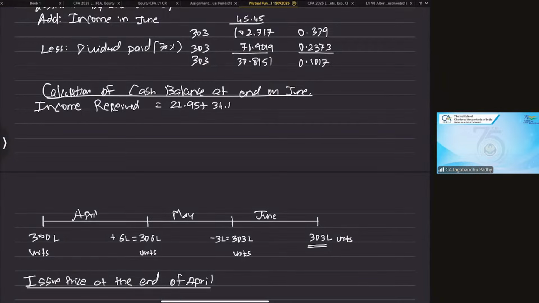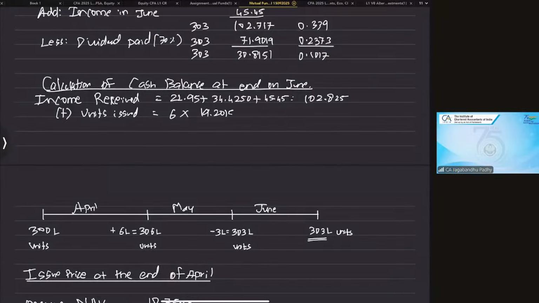When you are issuing units, can I say your cash balance is going to increase? You have issued 6 lakh units at a price of 19.2015. So how much cash is getting added because of new issue? So 115.209.